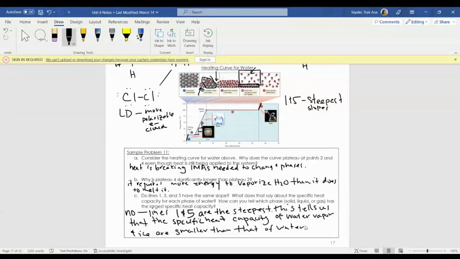So we can compare a specific heat capacity by looking at the slope of the lines. It takes more energy to raise the temperature of liquid water than it does for ice and water vapor, which means the specific heat capacity must also be higher. Let's take a look at this next page here.